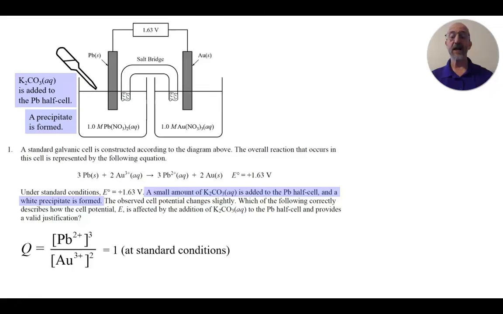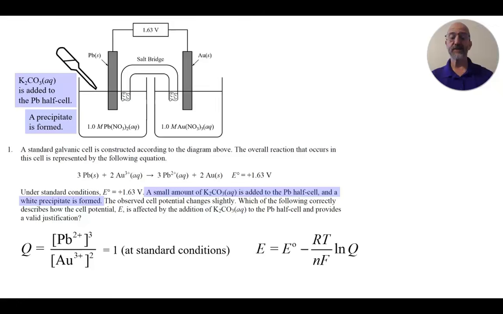Remember that we do not include solids in the equilibrium constant expression, but this is Q. This is not K, this is Q, the reaction quotient. So I've got concentration of lead ions raised to the 3rd power because of the coefficient of 3, divided by the concentration of gold ions raised to the 2nd power because of the coefficient of 2. So if the concentration of the lead and the gold is 1 molar, then the value of Q is equal to 1 at standard conditions.